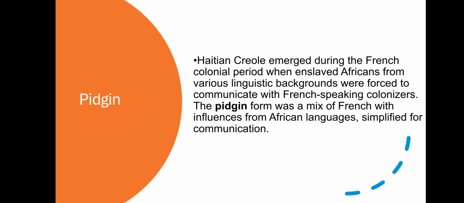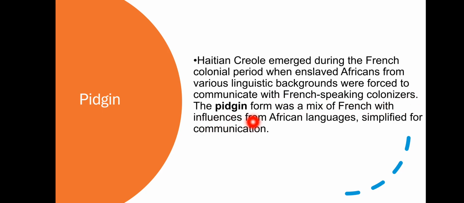Because there was a new world and they needed labor, they brought these enslaved people with them to dig gold and mines for them. So they were forced to communicate with French-speaking colonizers.